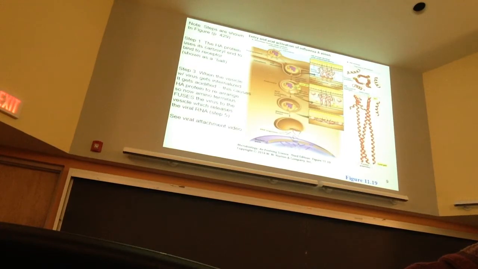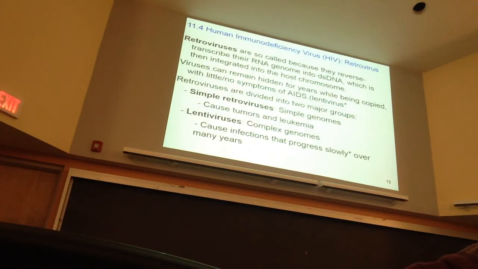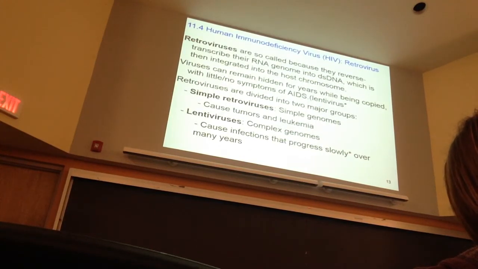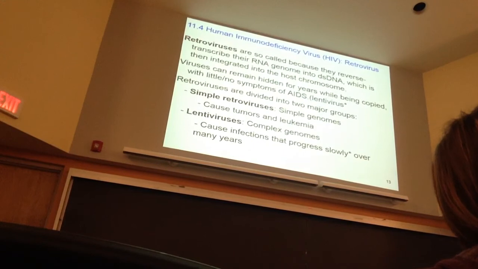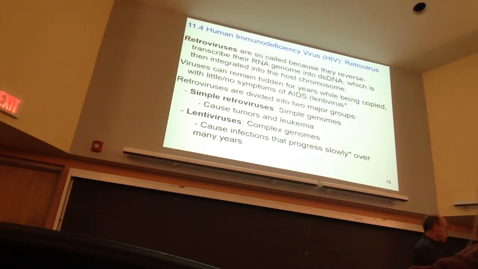Okay, so we're going to do one more virus, and that is the human immunodeficiency virus, an example of a retrovirus, because of this reverse transcriptase enzyme that has to go in reverse before it can ever go forward.